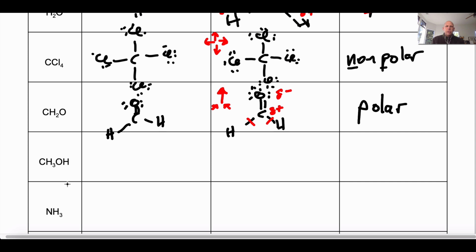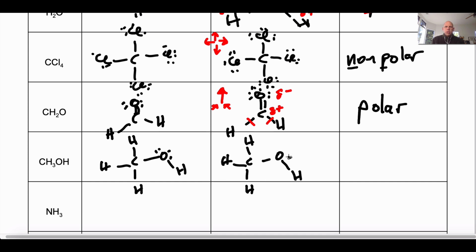Let's go ahead and do CH3OH. When we do the Lewis structure for this, here's your tetrahedral carbon. There's your bent oxygen. Okay, I said just completely don't worry about the CH bonds at all.